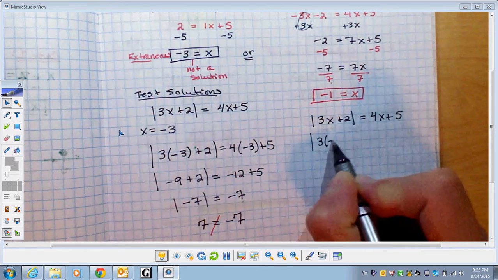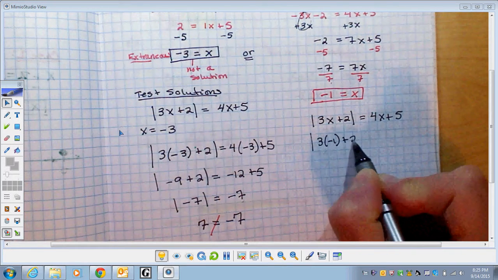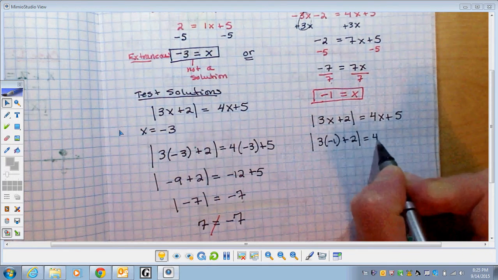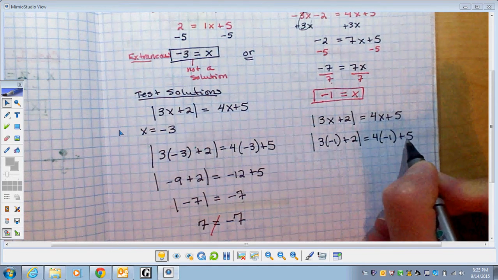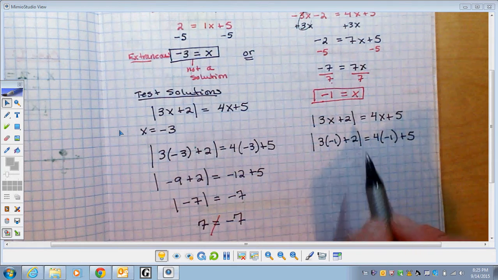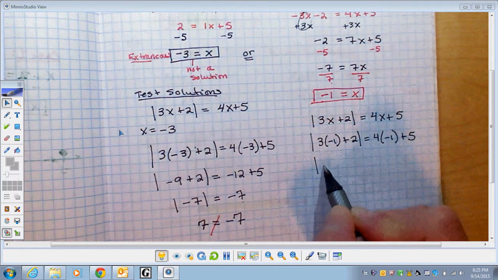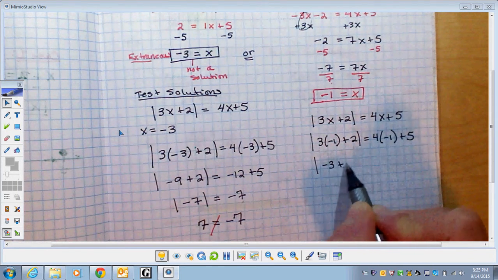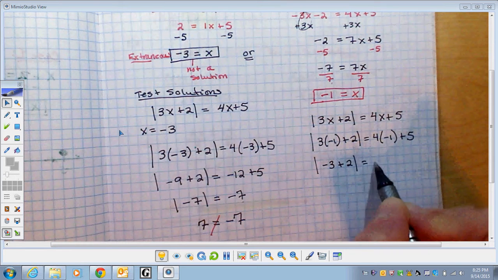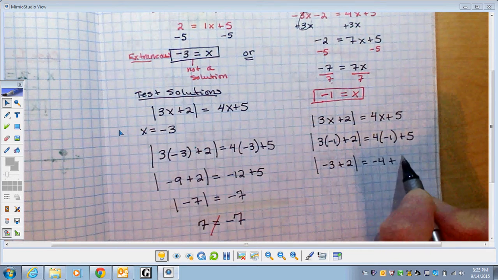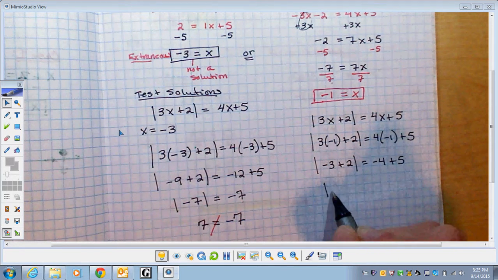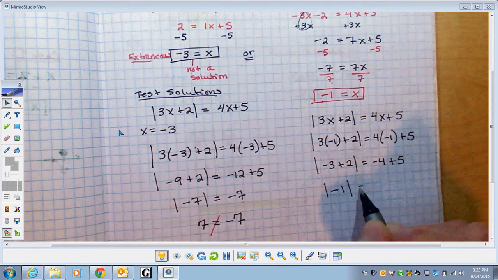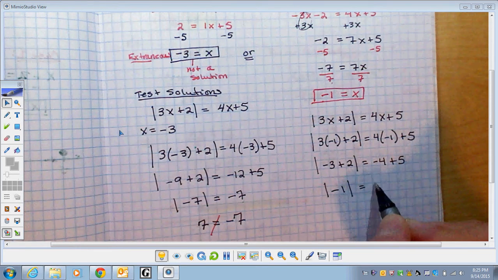3 times -1 plus 2 is equal to 4 times -1 plus 5. So let's go ahead and do the math. So it's going to be absolute value of -3 plus 2 is equal to -4 plus 5. -3 plus 2 is -1. -4 plus 5 is 1.